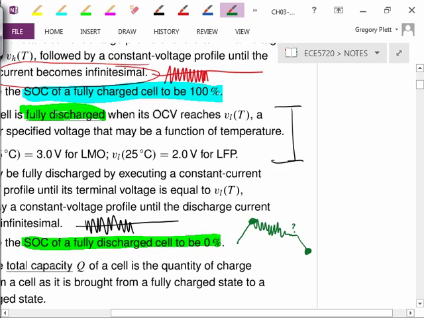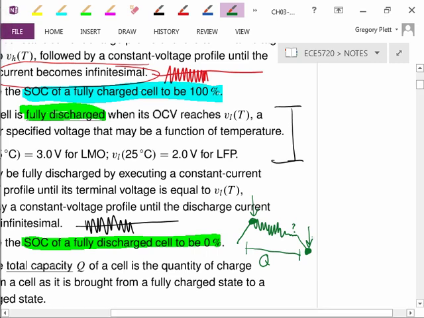And using the high precision, high accuracy sensors we have in the laboratory, which are much higher accuracy than you would expect in a vehicle or an application, I can accumulate ampere hours over time by integrating how much went into the cell, and I can determine then what is the capacity of the cell, which is what we talk about next, from the total number of ampere hours from this point to this point, and we can determine a state of charge as well, as we'll look at the end of this section.